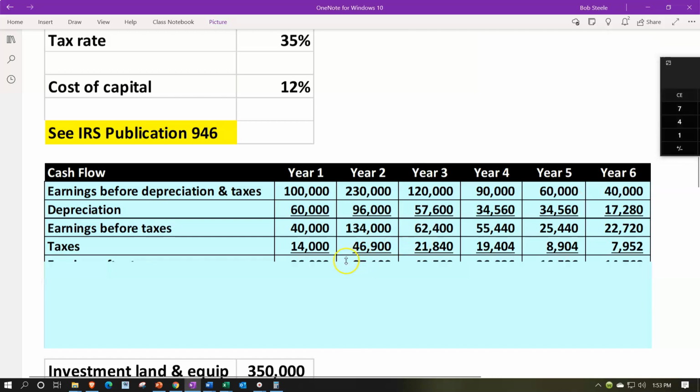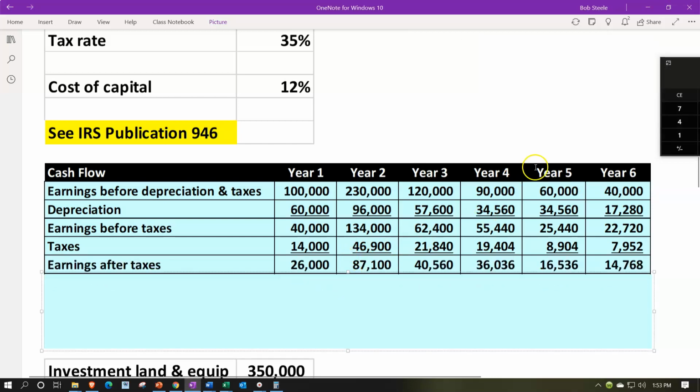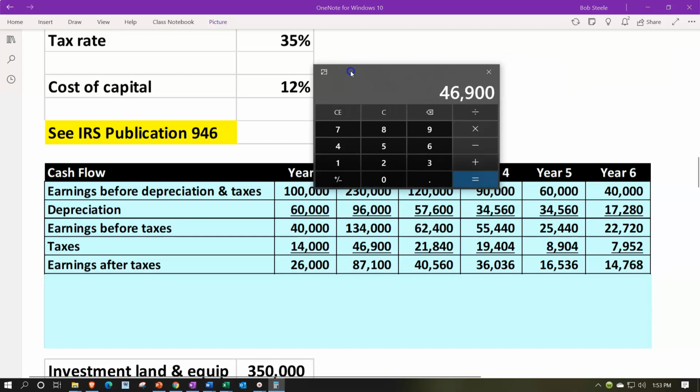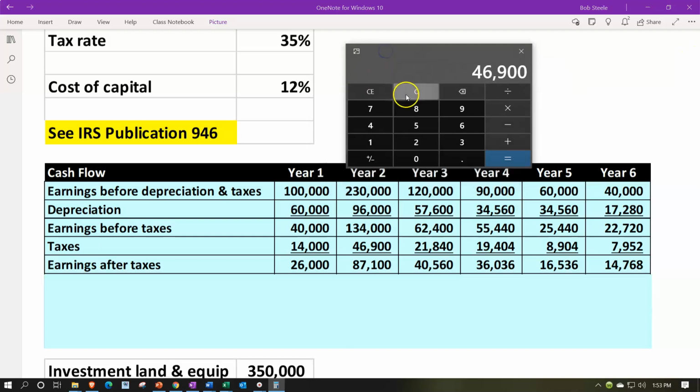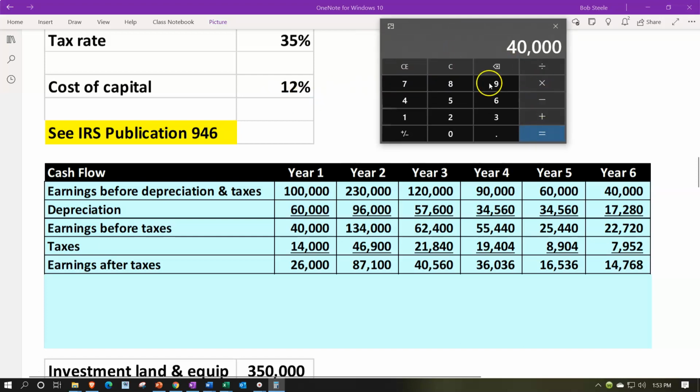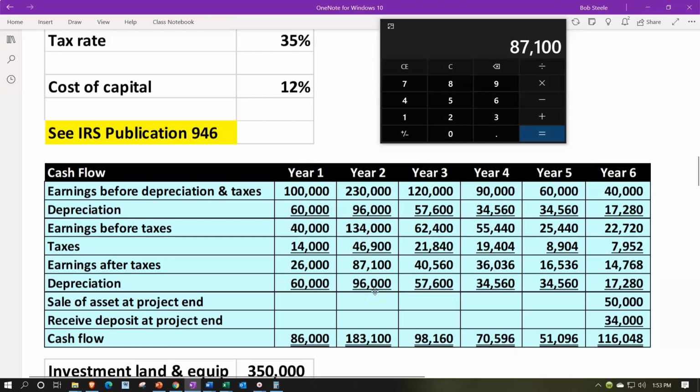Then we have the earnings after taxes, which is simply subtracting out, for example, from the 40,000 earnings before taxes the amount that the government is going to relieve us from, which is the 14,000, giving 26,000. Then we take the 134,000 minus the 46,900, and so on and so forth. So that's the earnings after taxes.